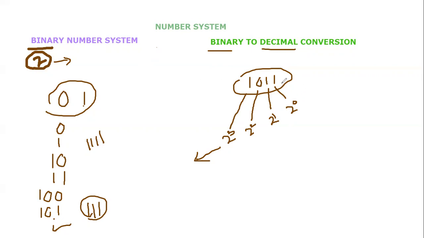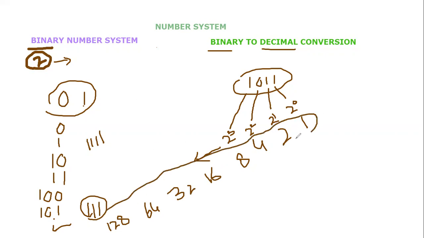For example, you know that 2 power 0 means 1. 2 power 1 means 2. 2 power 2 means 4, then 8. The next would be simply double the previous one, that would be 16, then 32, then 64. And the eighth digit, or seventh position, would be 128. This is the format you follow if we are talking about the 8-bit binary number system.